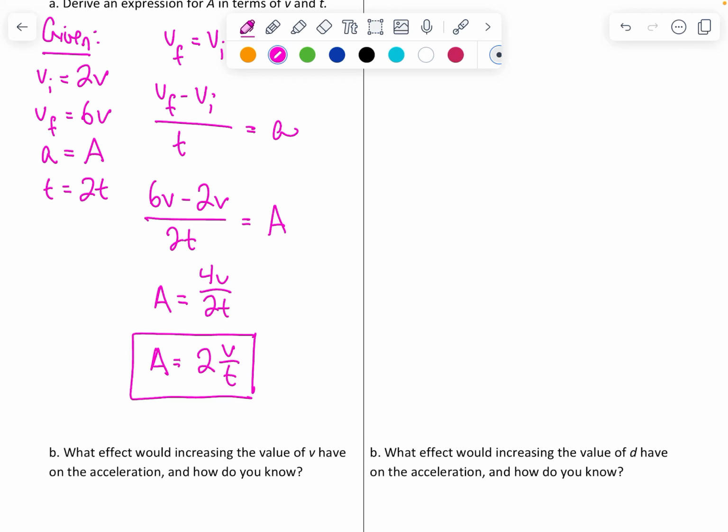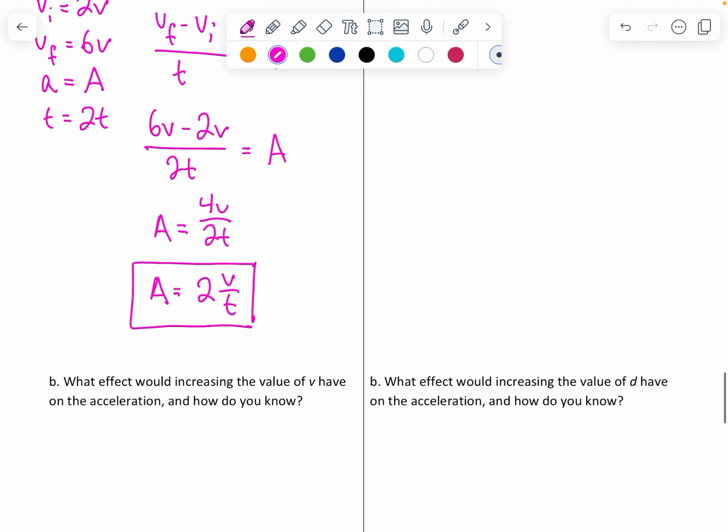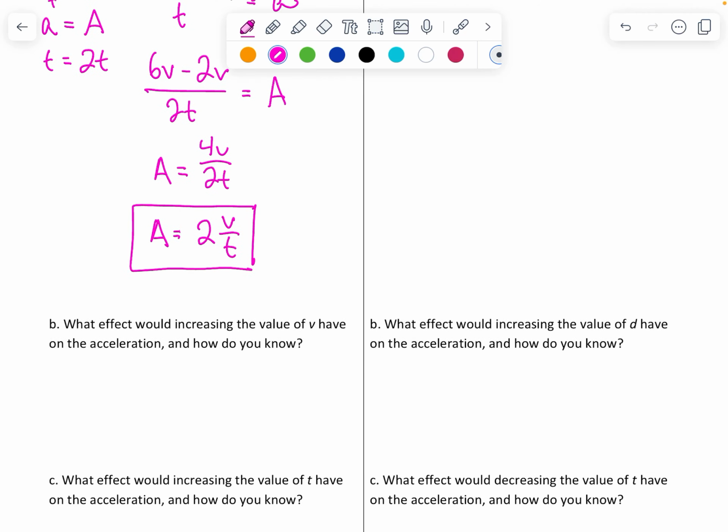Okay, so we can do normal algebra with these. We can combine them in any normal way. What effect would an increase in the value of v have? Okay, a is proportional to v. Increasing v would increase a.